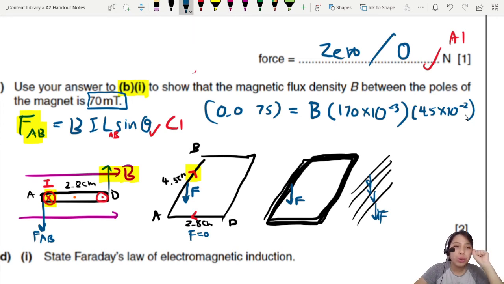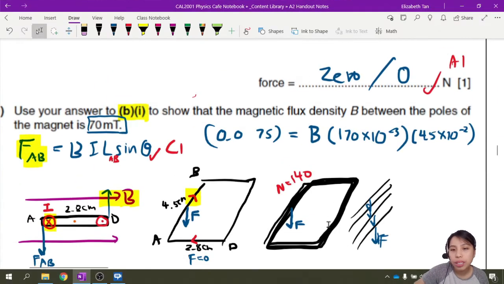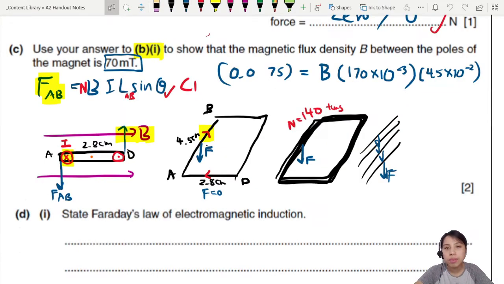So what we really need to do is tweak the formula a bit. Force on AB section, yes, but there are many conductors there because of the many coils. How many turns are there? N equals 140. So 140 turns. So that means this must be NBIL sine theta. And of course, that's because there are many turns of a coil.